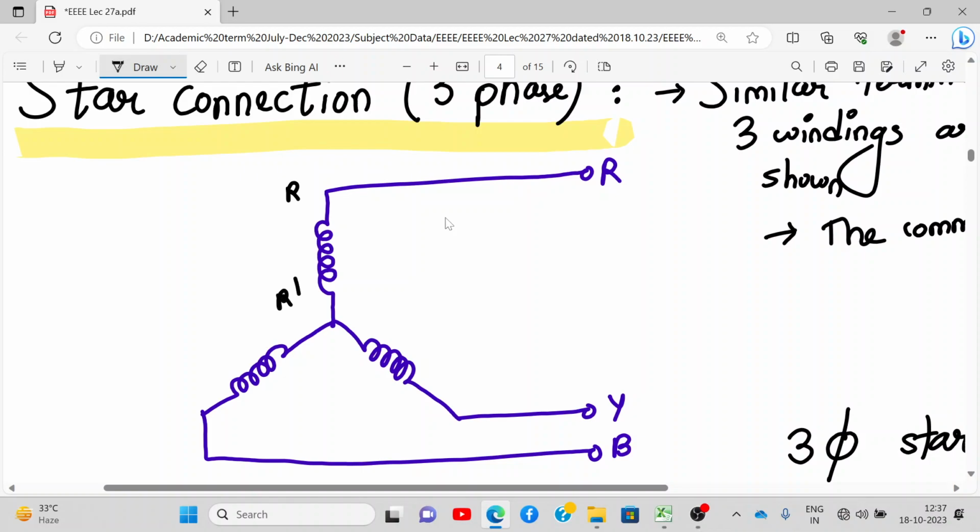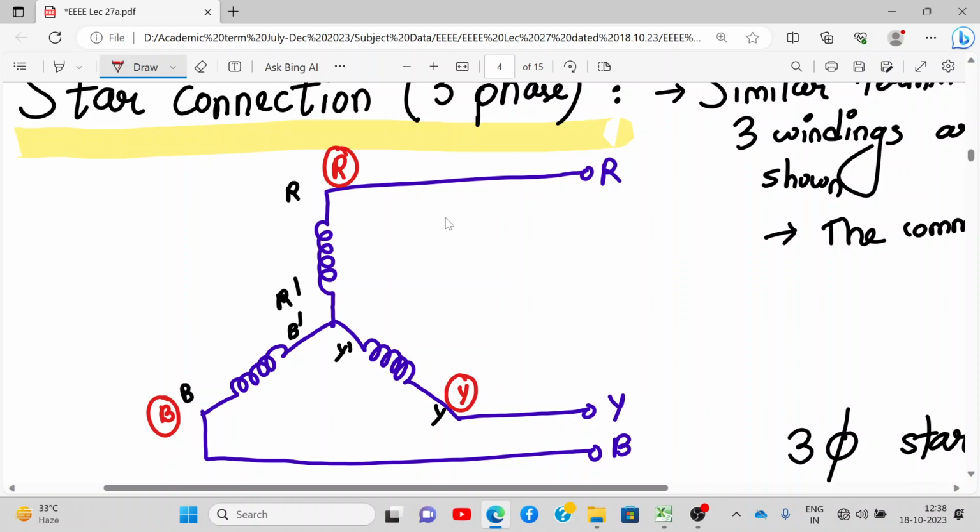R dash. This will be B dash, and this will be Y dash. The diagram which I have shown you earlier. Okay. This is R, this is B, and this is Y phase.